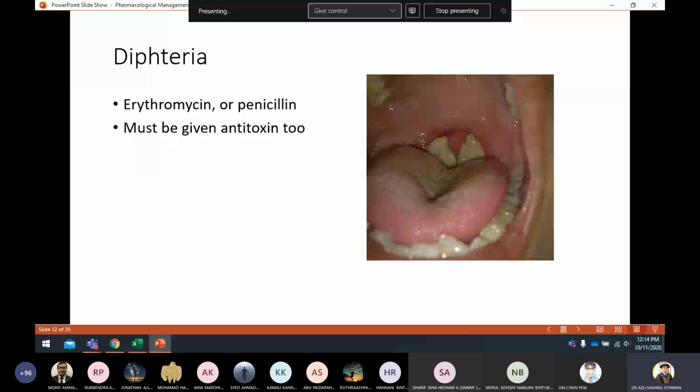Okay, so let's have a look at another example of a URTI. In this case, it's diphtheria. It should have been eradicated already, but because of mutations and also problems with people who are anti-vaccine, we are seeing a rise in diphtheria cases.